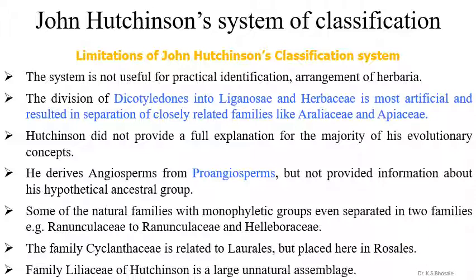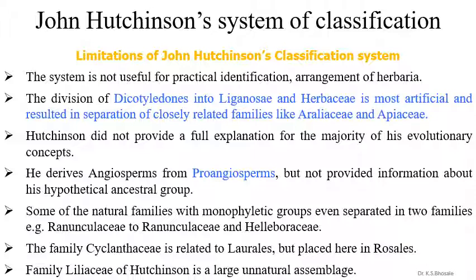Then some of the natural families with monophyletic groups were even separated into two families. For example, the big family Ranunculaceae is separated into Ranunculaceae and Helleboraceae, so this formed an unnatural assemblage of different families.